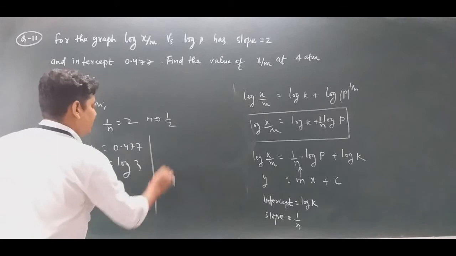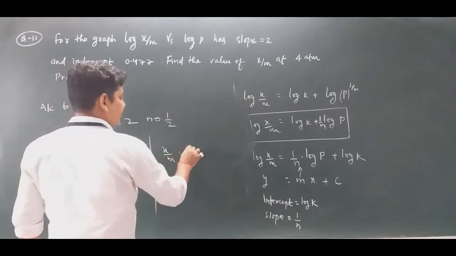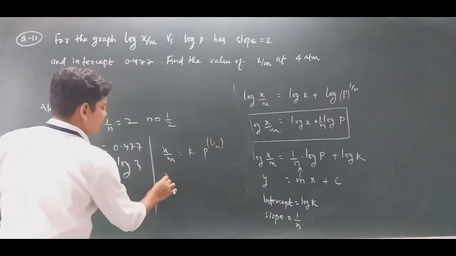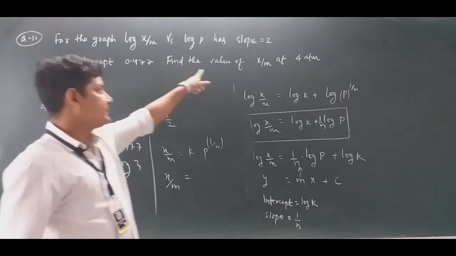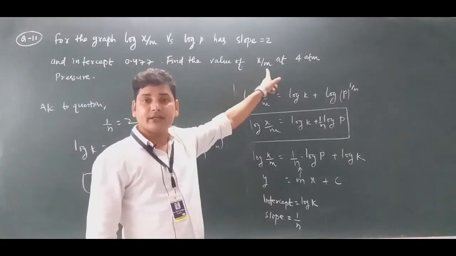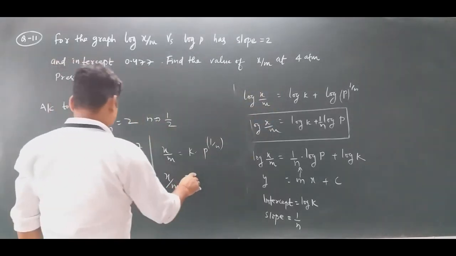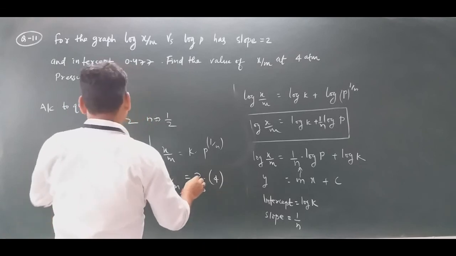Now we know that x by m equals k into p to the power 1 by n. They are asking the value of x by m at 4 atm pressure. So x by m equals k, which is 3, times p, which is 4, to the power 1 by n, which is 2.